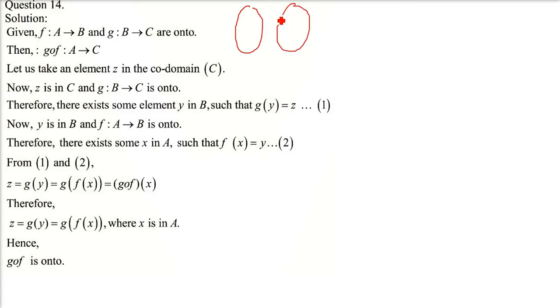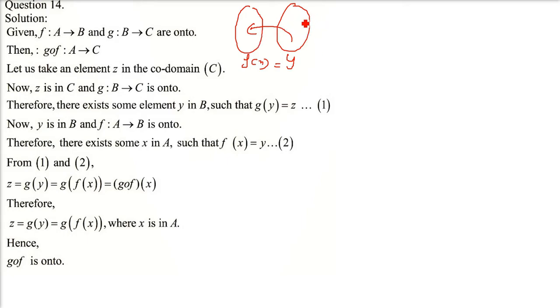Onto means we have two sets. Every y should have an f(x). Every y should have its corresponding f(x), an image. That is, no value of the set B is left wandering. Everything should be mapped.